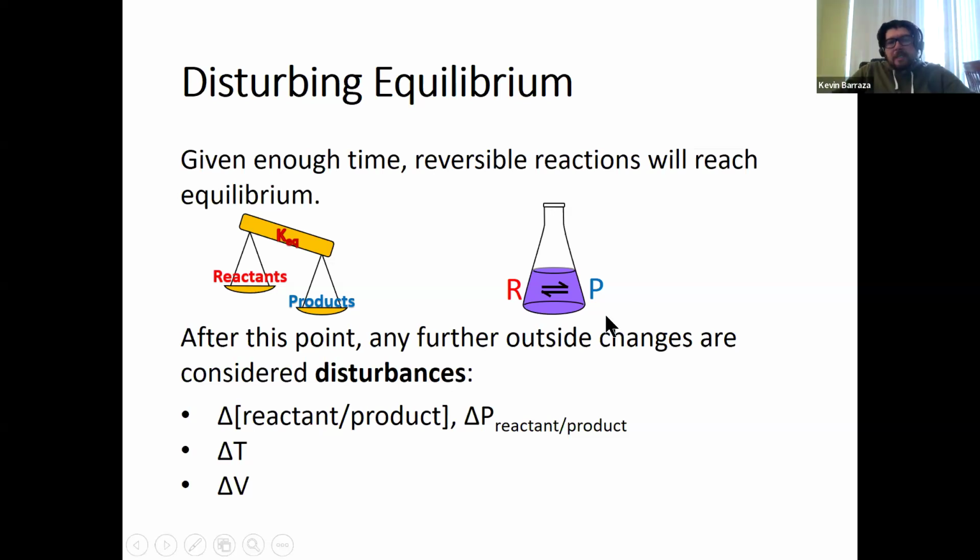At this point, any further changes from the outside world are considered a disturbance to equilibrium. And those include changing concentrations of reactants and products by maybe adding more or taking away, or changing partial pressures, changing the temperature, or changing the volume of the system.